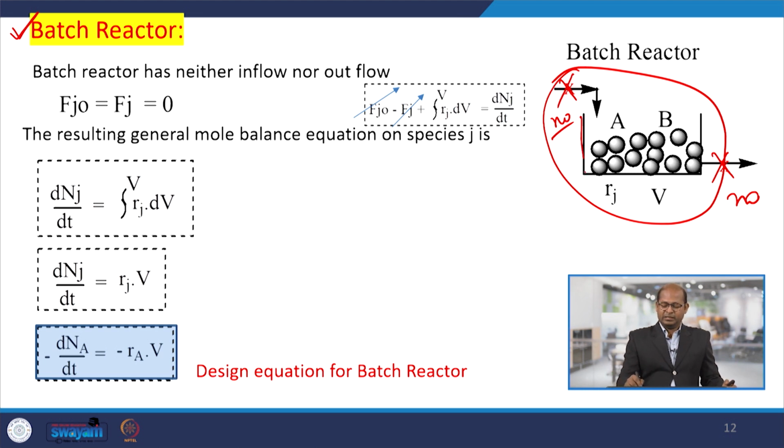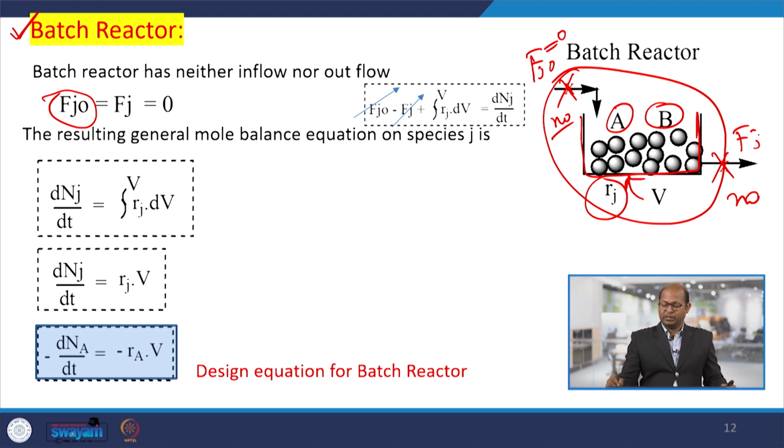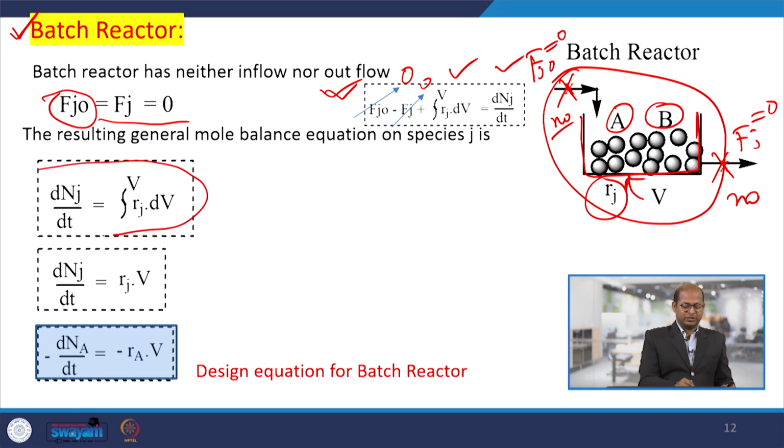Only this specified volume is there, where components A and B are placed, with system volume V, and the rate of reaction is R J. From the general mole balance, F j 0 and F j are both 0 since there is no inlet and no outlet. So this part is 0, and only the rate of generation and the accumulation part remain for this batch reactor. Then we can write the equation this way.